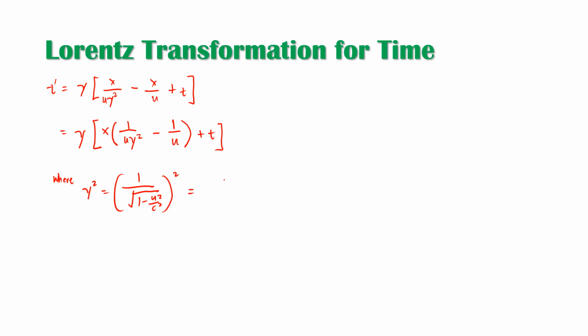So this is equal to 1 over 1 minus u squared over c squared, or we can write this further as 1 over (c squared minus u squared) over c squared, or we can further write this as c squared over c squared minus u squared.